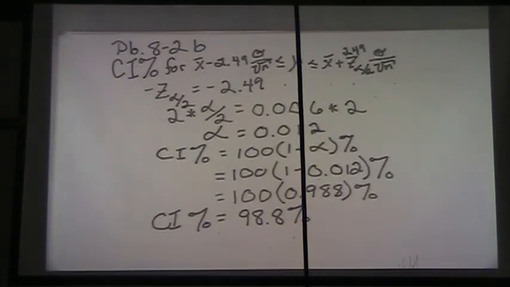All right, so holy tuxedos, we've done a lot of problems about how to find our alpha divided by 2, or going the other way, find our confidence level when we know the z number associated with our alpha divided by 2.